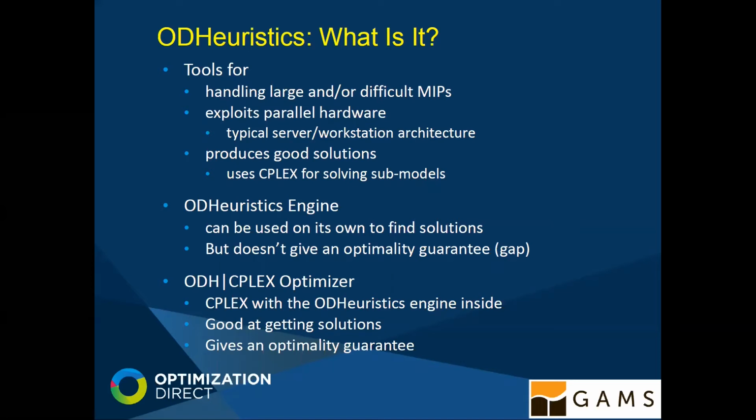When the heuristics engine is run within CPLEX, however, in ODH CPLEX, we can use CPLEX to do the branch and cut and provide effectively a bound on solution values, just as it does normally, so that we can get an optimality guarantee. So we can think of this product as simply being CPLEX with ODH heuristics inside it. And it's very good at getting solutions.